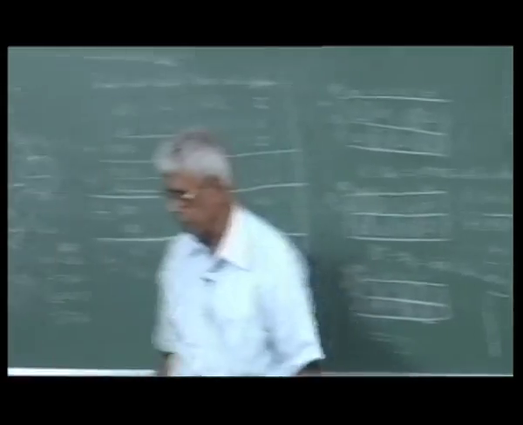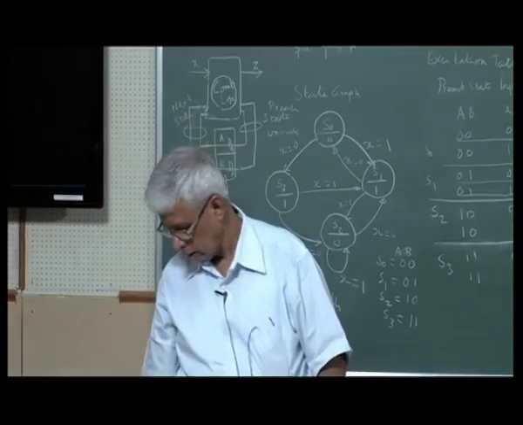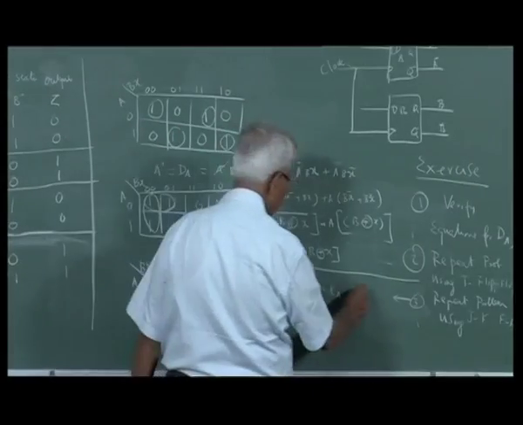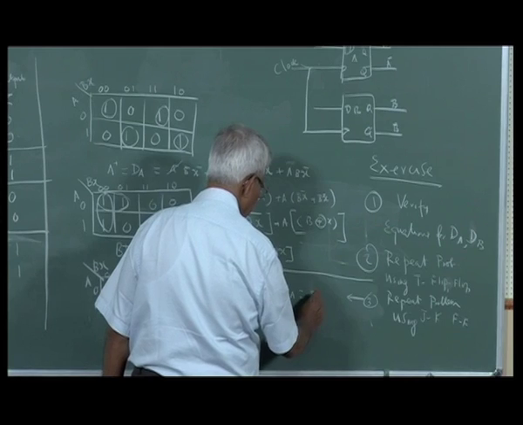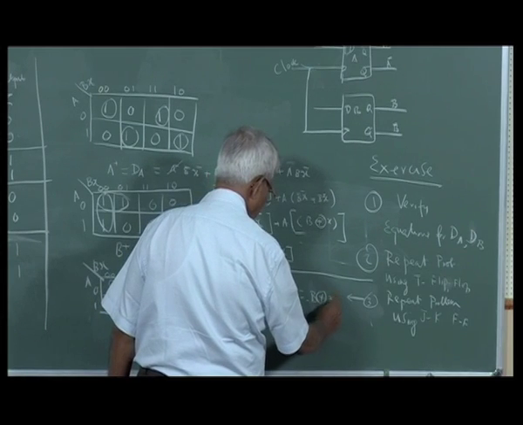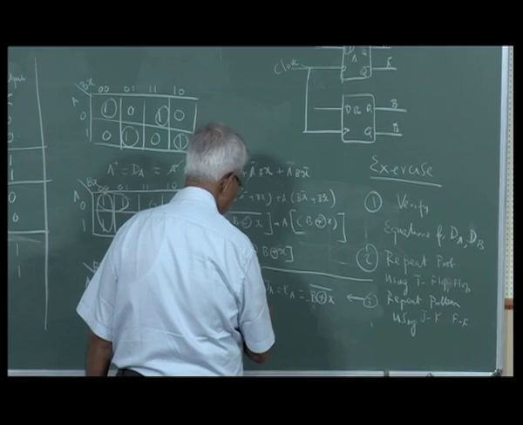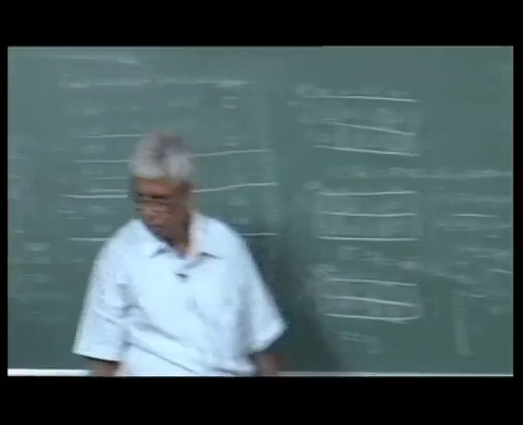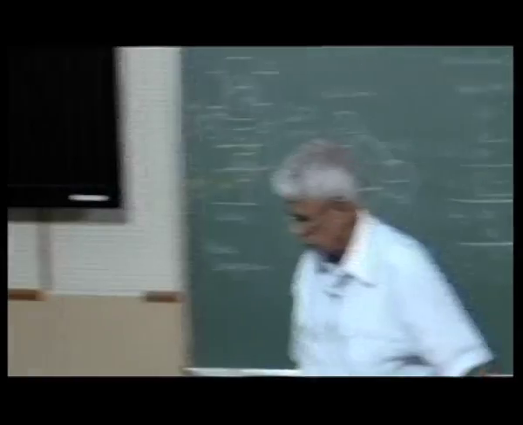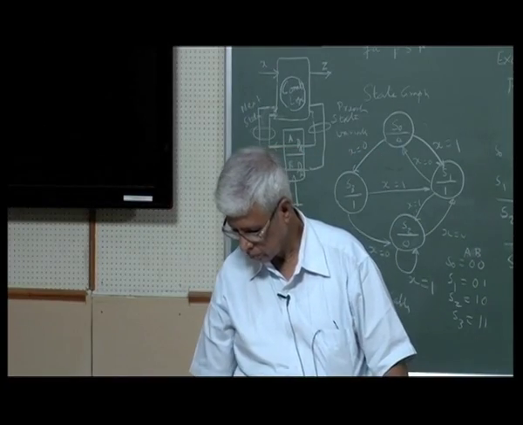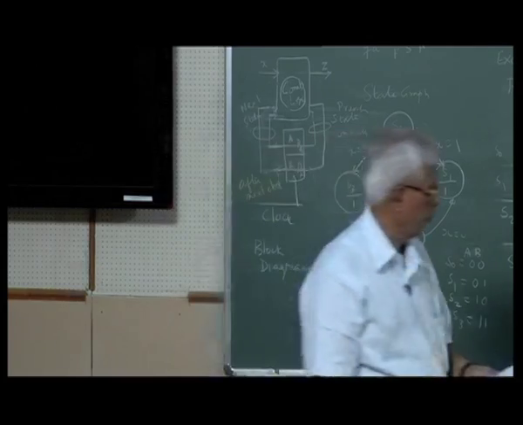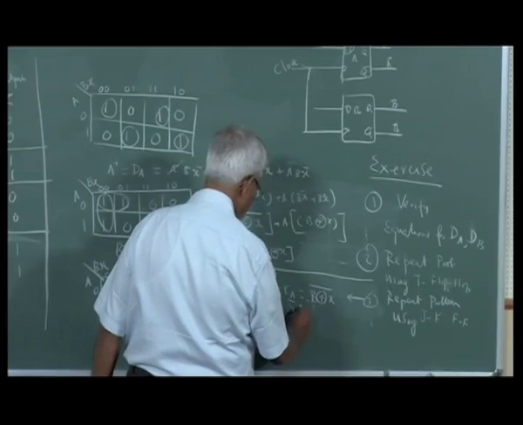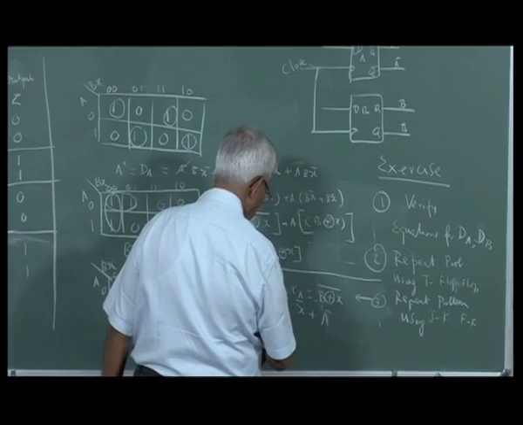J and K are the same, Bx bar. JB, X bar or A bar. KB.